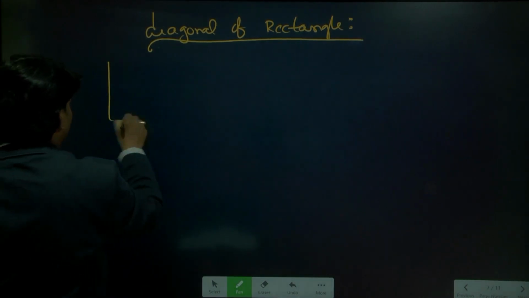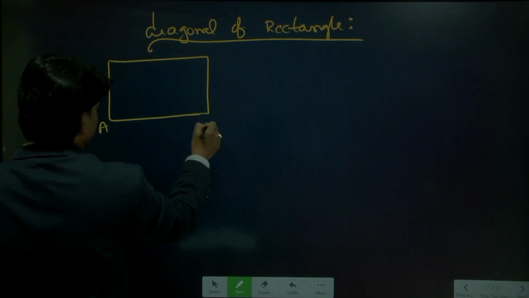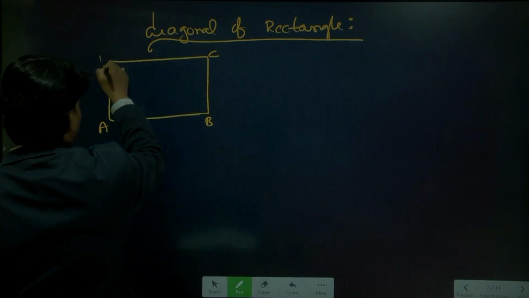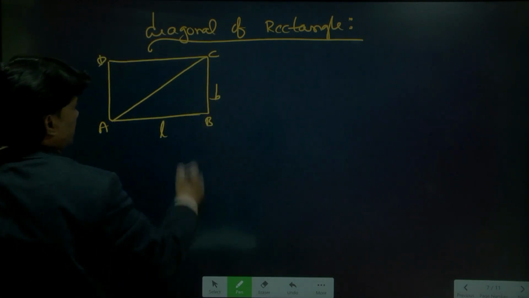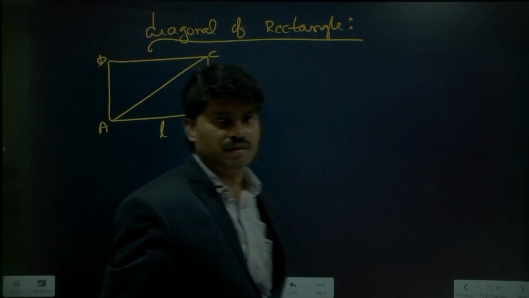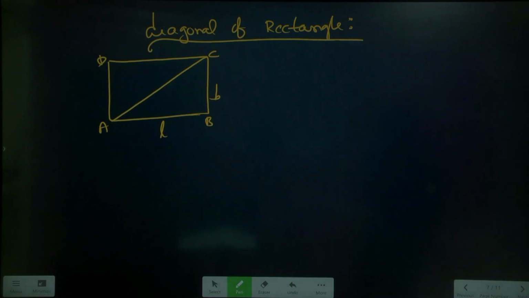Let's take the rectangle. Let's join this. As you know, the longest side in a rectangle is the length, and the shortest two equal sides you can call the breadth.